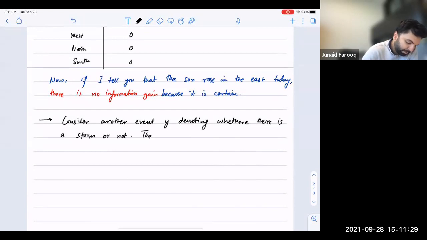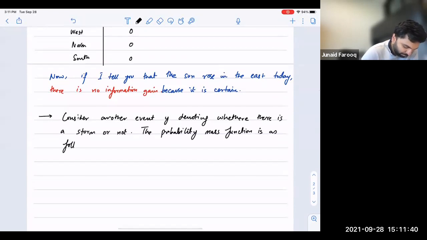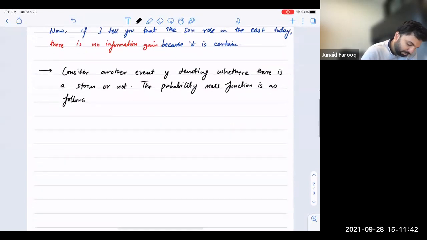The probability mass function is as follows.